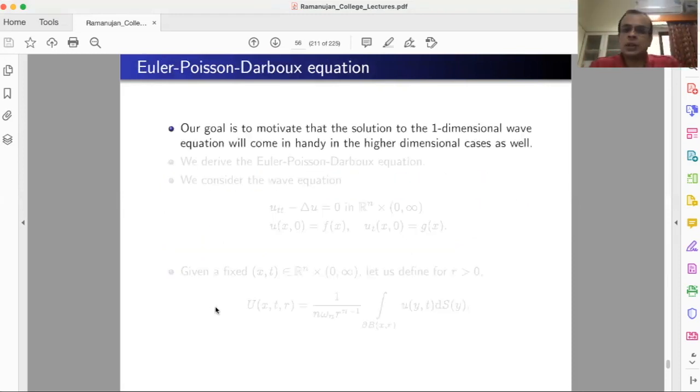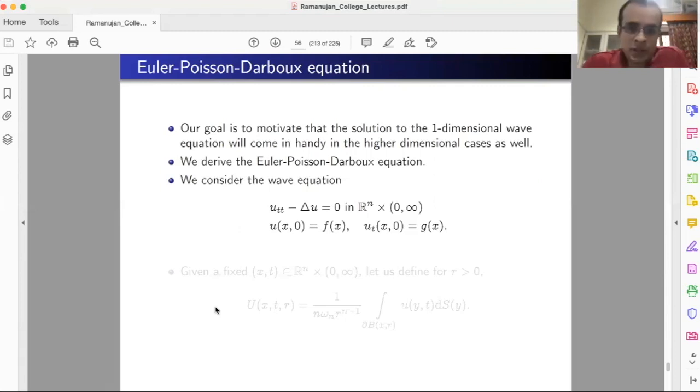For the high-dimensional case, what we have is the famous Euler-Poisson-Darboux equation. My goal here is to motivate that the solution to the one-dimensional wave equation will come in handy in the high-dimensional cases as well. So we derive this Euler-Poisson-Darboux equation.